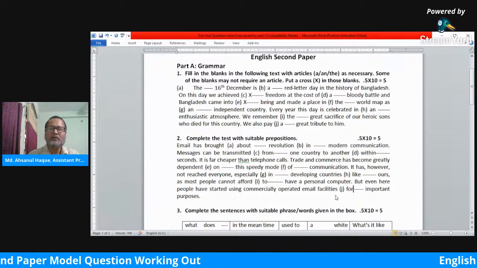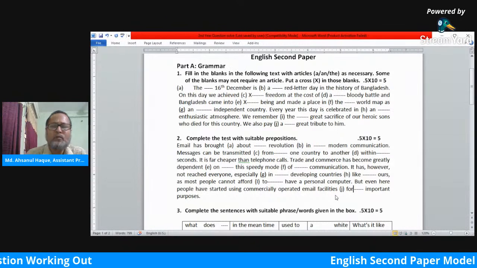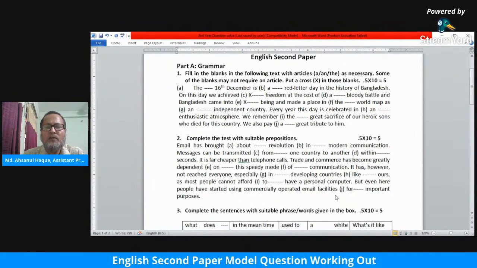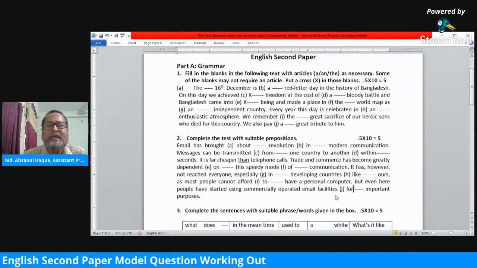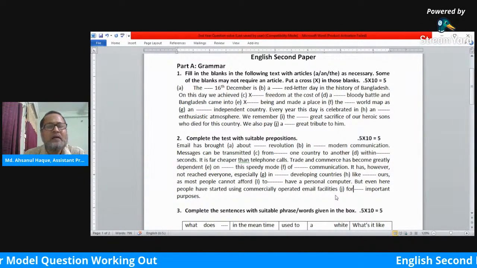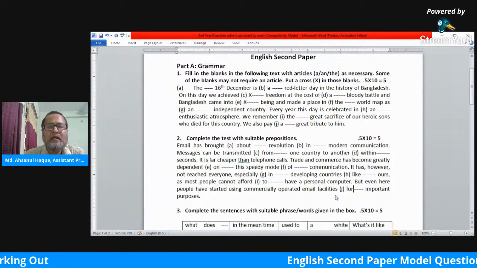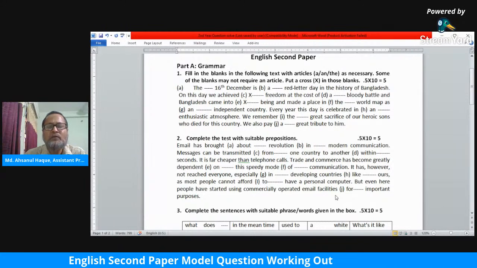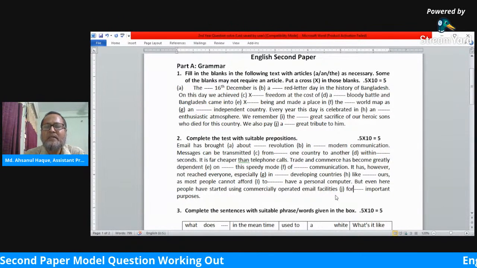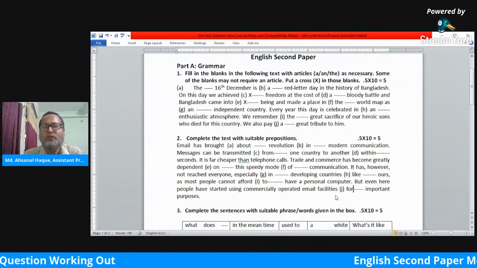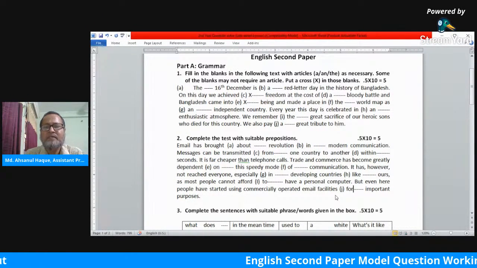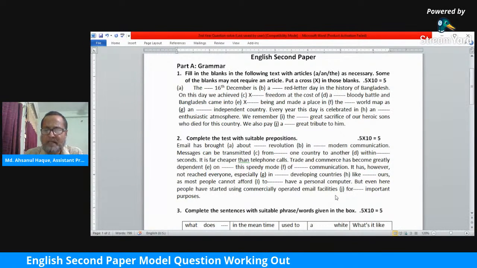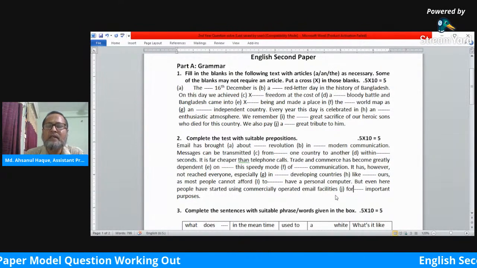In many cases, you should understand that prepositions are settled on meaning. What does the sentence actually mean with a particular preposition? You try to understand that, and you can decide on the preposition to be placed just on the basis of the meaning of the sentence. It's very important to understand.